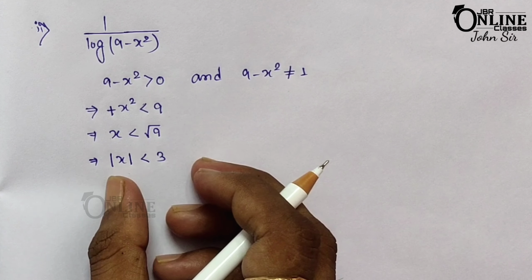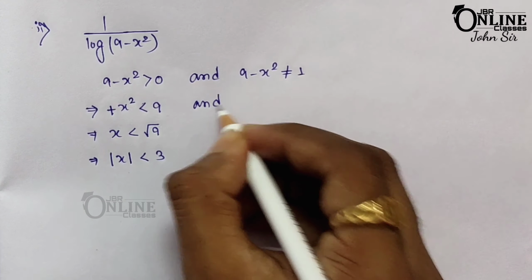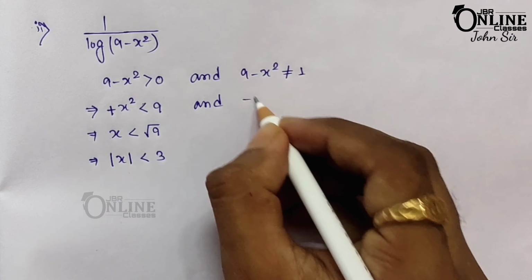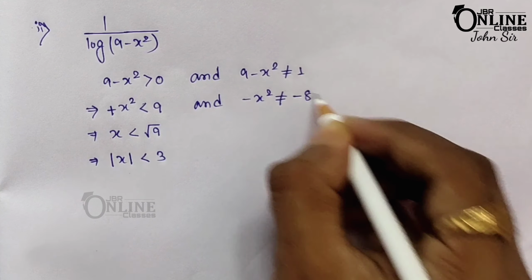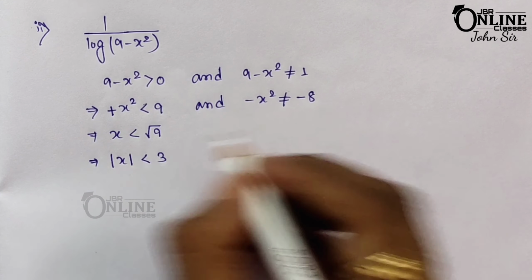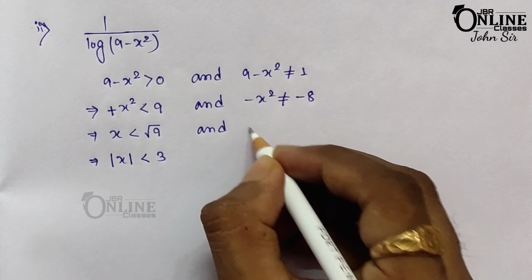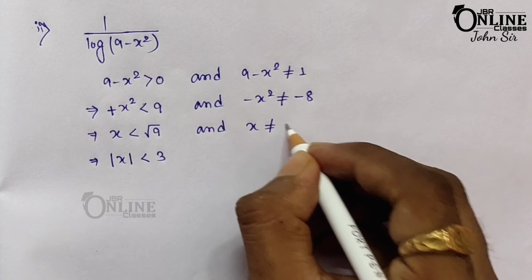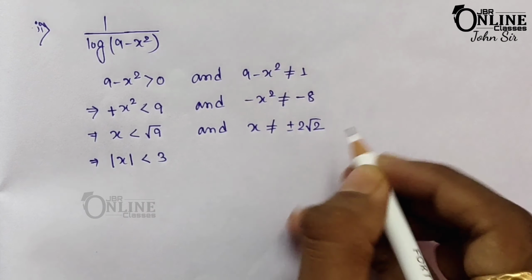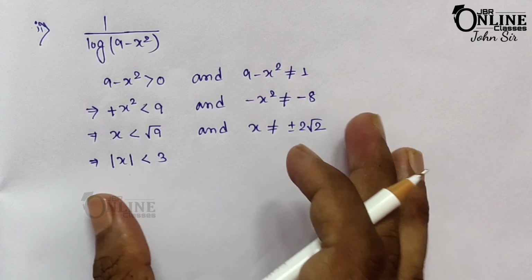For the next one, 9 - x^2 not equal to 1, so minus x^2 not equal to minus 8, that means x^2 not equal to 8. So x not equal to root 8. Root 8 means plus minus 2 root 2.